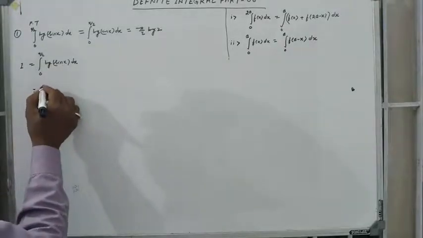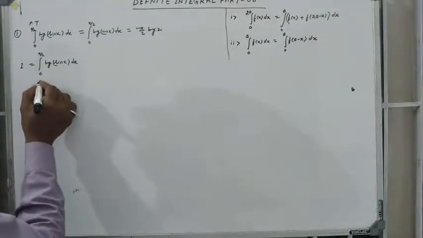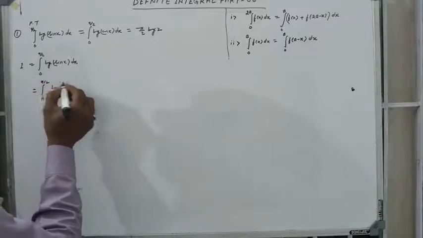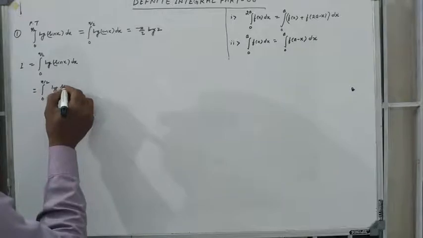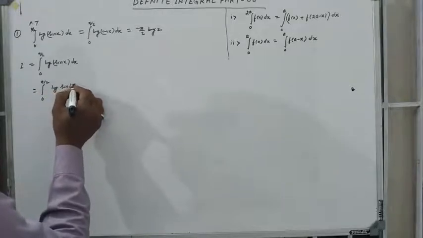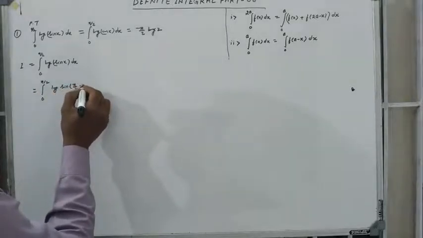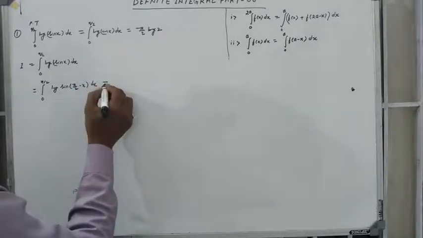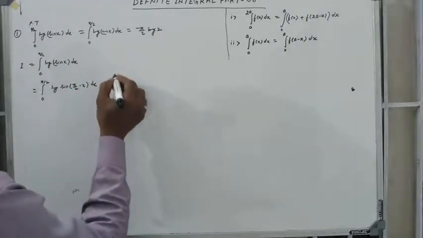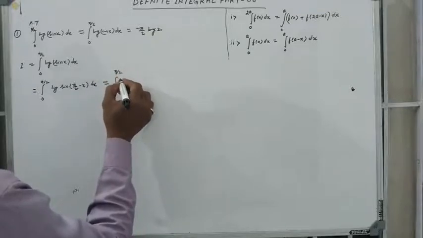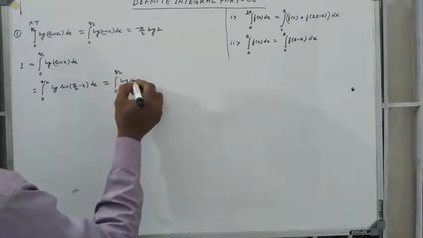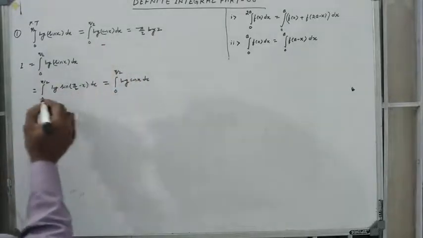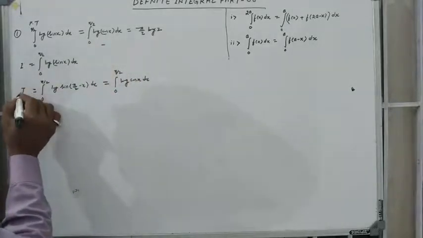If you apply this property here, the integral from 0 to pi by 2 of log sin of a minus x, that is pi by 2 minus x, dx, is equal to the integral from 0 to pi by 2 of log of cos x. So this part we have proved, and this is also I.